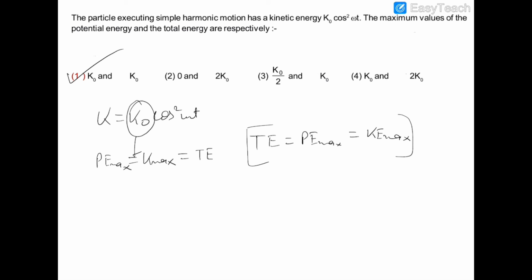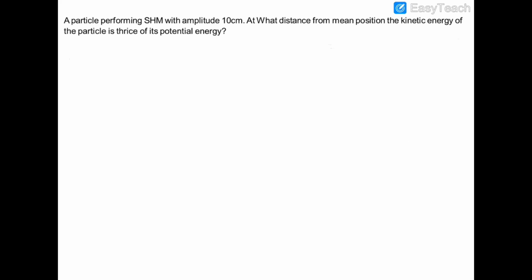Now let's move on to the next question. In this question, a particle is performing SHM with amplitude equal to 10 centimeters. So we have to find out the distance from the mean position where the kinetic energy of the particle is thrice the potential energy.